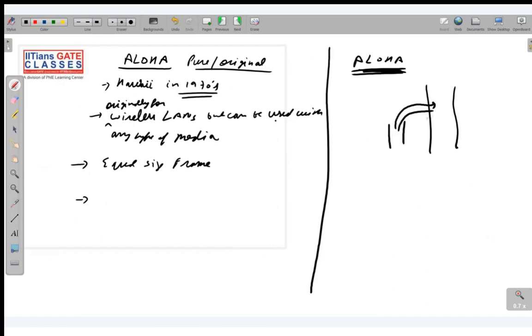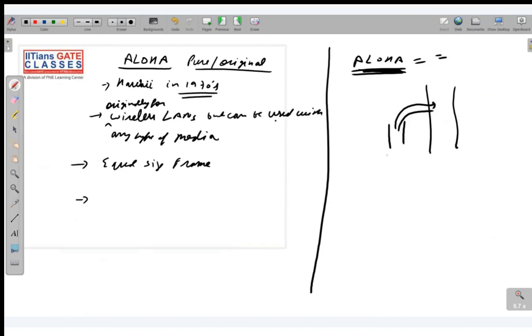There is no fixed procedure. Whenever you want to bring your car onto the highway, you do it right now. You will not look or do anything, you simply put your car onto the highway. This is pure Aloha, and that is clearly a foolish kind of thing. We should not do that, but pure Aloha says exactly that.